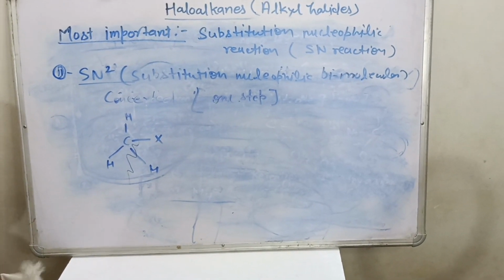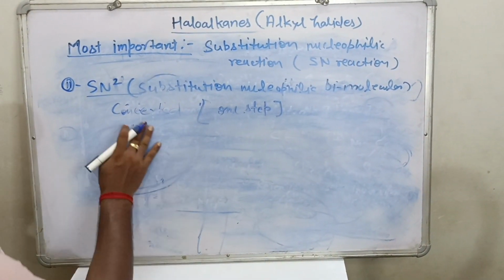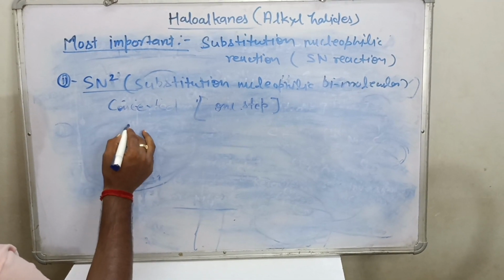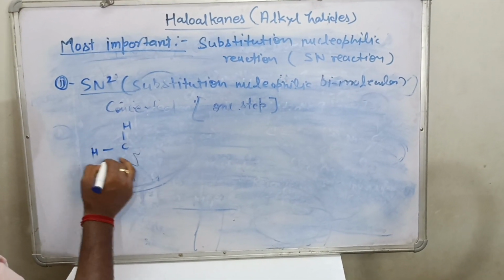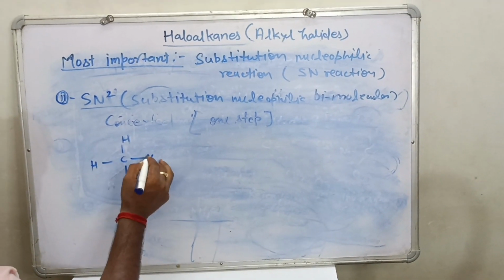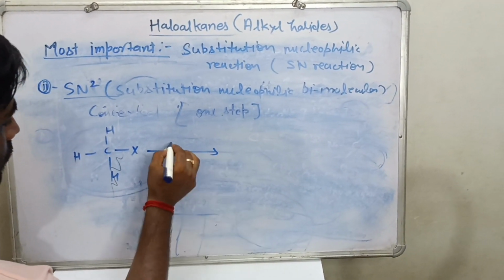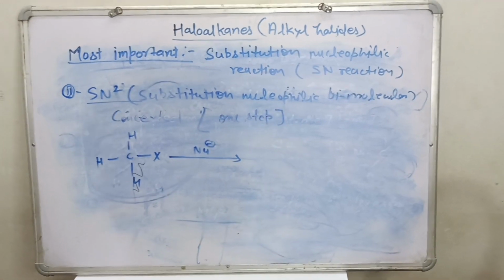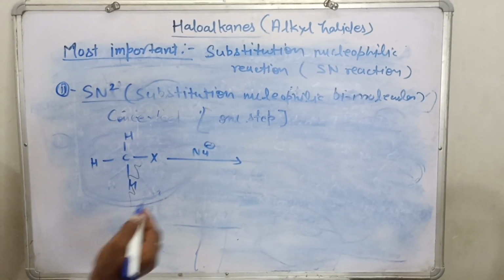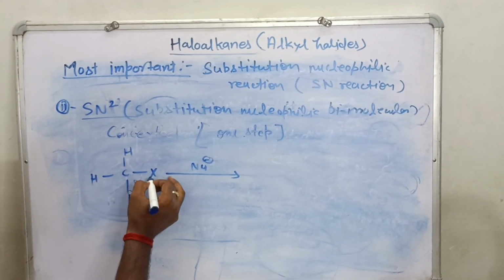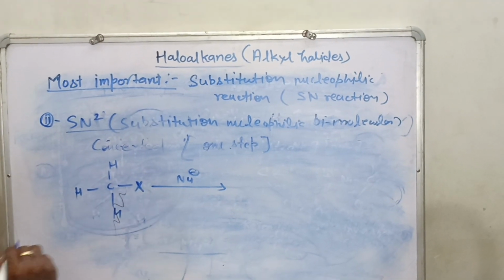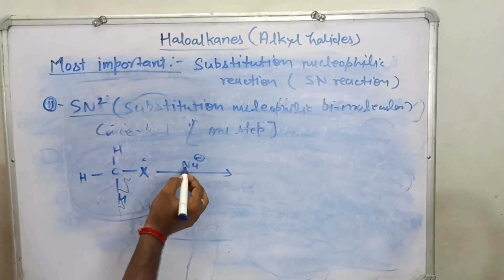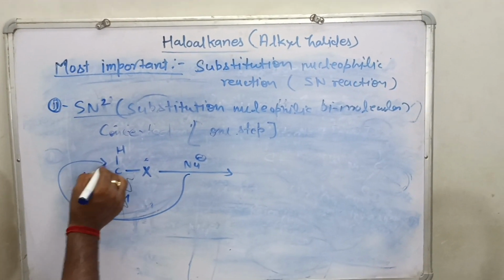Or we can draw this type of mechanism. A simple methyl halide and a nucleophile. In this concerted, one-step mechanism, the nucleophile attack takes place, but due to the presence of the halogen on the front side, the back side attack is mainly possible.